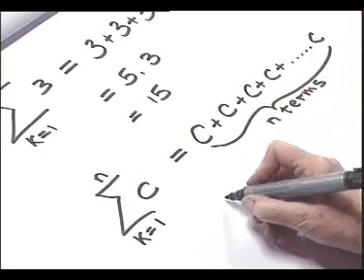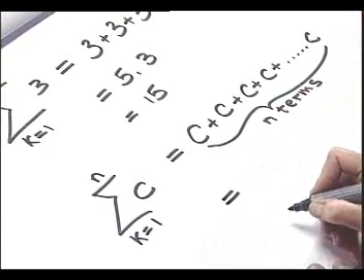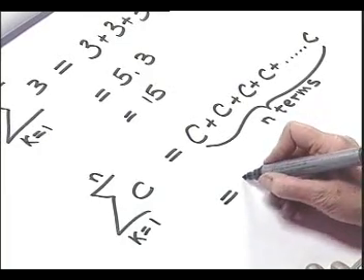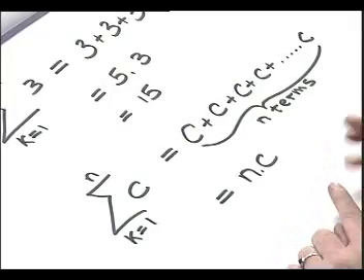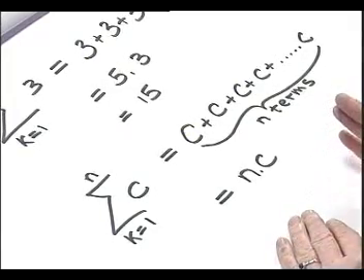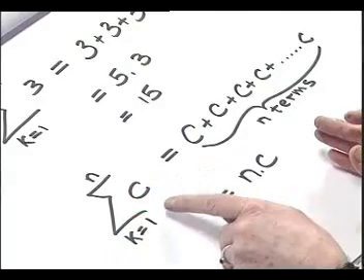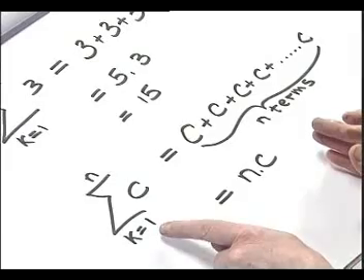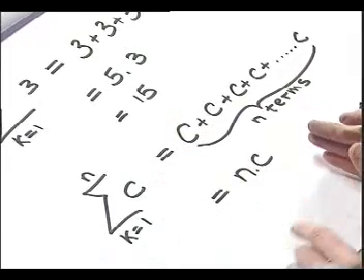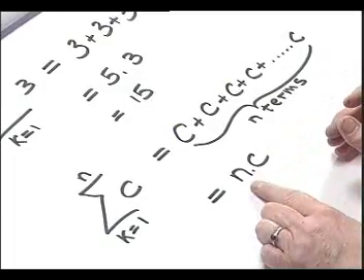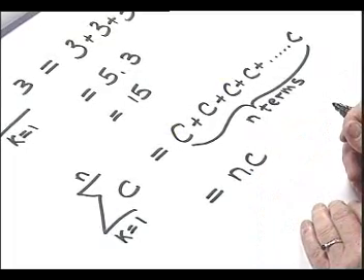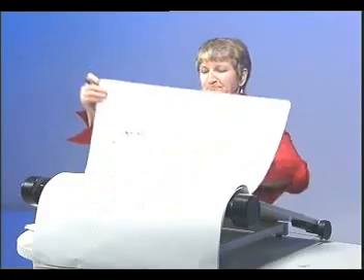Because we've got n lots of c, this sum can be simplified dead easily to n times c. So this is a general result which is very useful when using sigma notation. If you have to sum a constant from k equal 1 to n, then the value is, and it is a finite value, n times by c. What could be easier? But what about this?